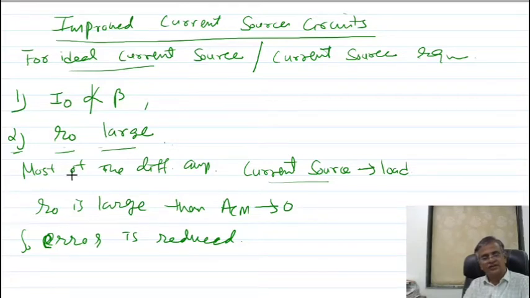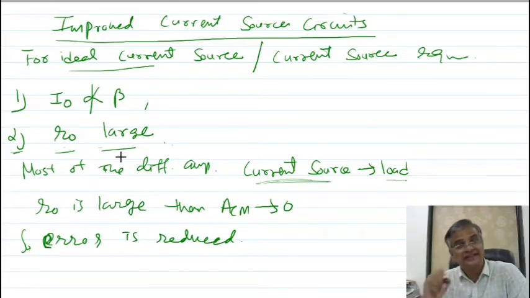And second, in most differential amplifier circuits, the current source behaves as a load, and the output voltage is developed across the load. So to get the gain in voltage, the resistance of this current source should be large. Due to these reasons, RO should be large.